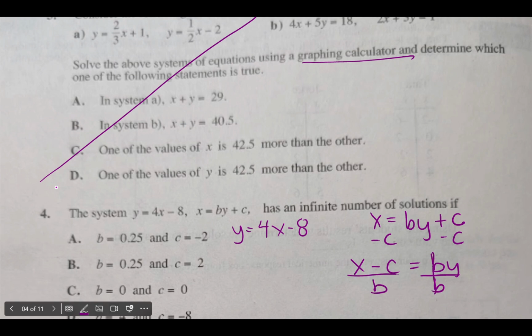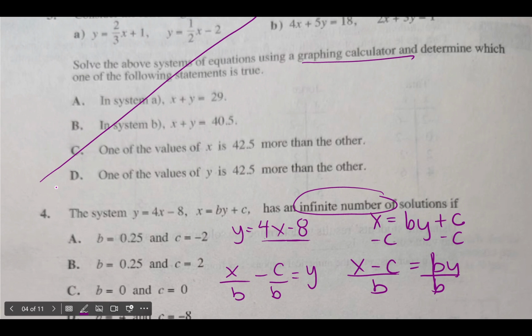So if I split each of these up, I can bring this a little further. If I have x divided by b minus c divided by b equals y, I want to compare it. If it's saying infinite number of solutions, I need numbers that will make my values the same as 4x and -8. So we can try that out.